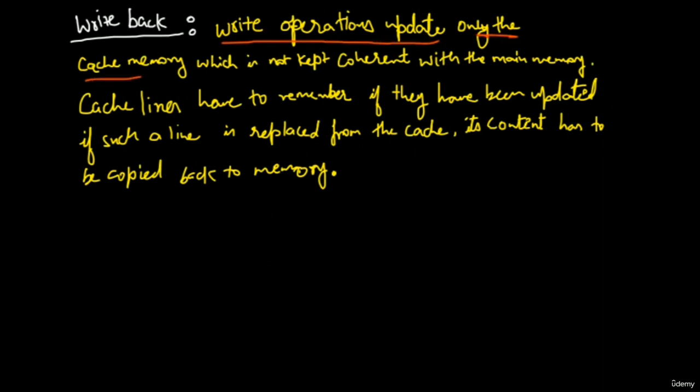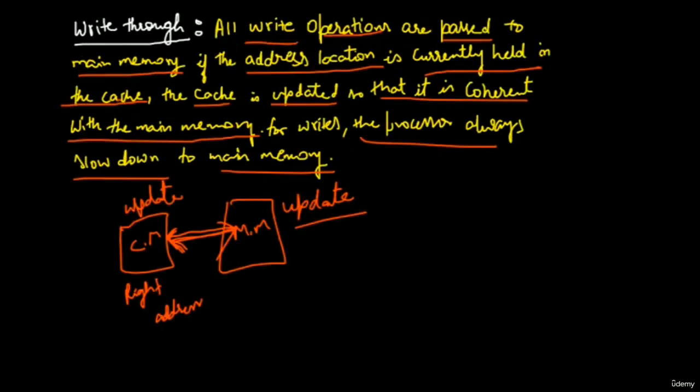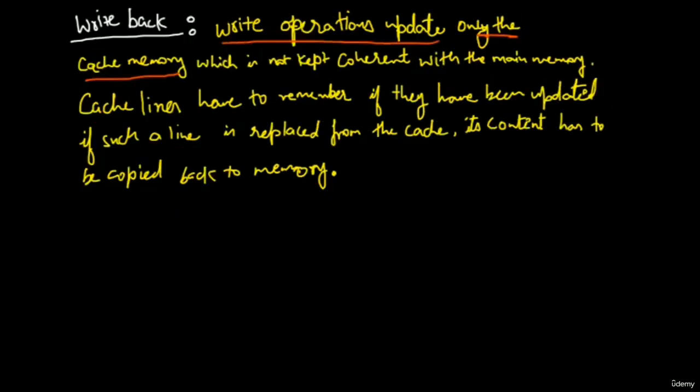In the previous one, the operation is passed to the main memory and the address location currently held in the cache. So it goes directly to the main memory and then the cache, while in this one, the update takes place in the cache memory, which is not coherent with the main memory. It is not necessarily required to go to the main memory. That was the case in the previous one, but not in this one.